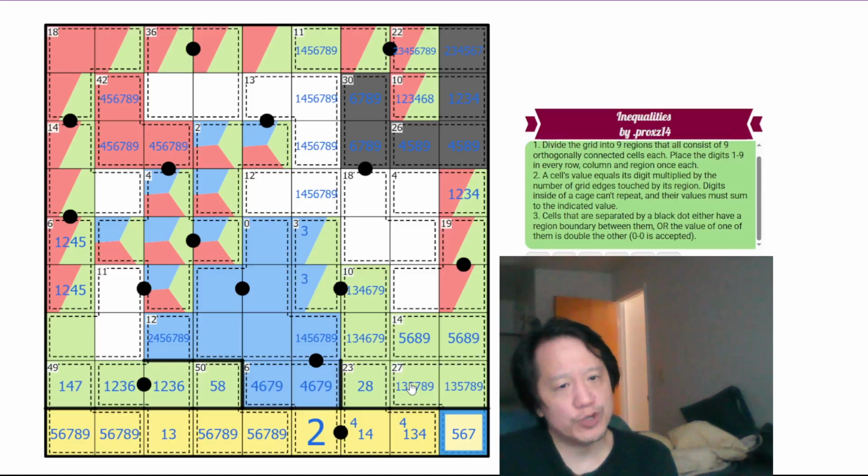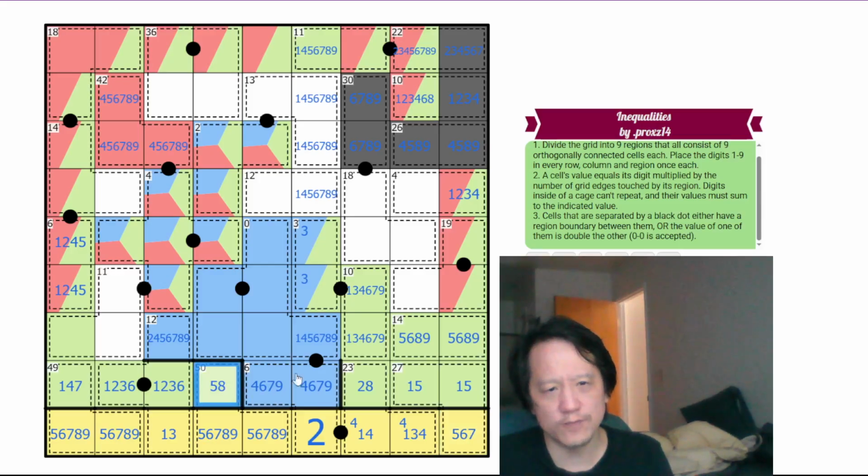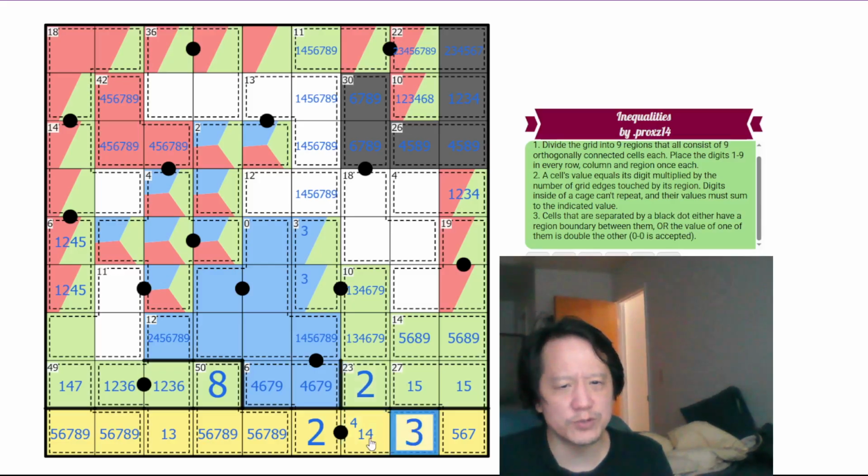We could have 1, 8, and then 6 here. Does that work? Okay, let's... So we tried all the 3 9s, so that's fine. So now let's try all the other possibilities. 1, 5 works. That forces this to be 8. We have 2 here. This must be 3 and 4. That makes this not 1 or 2.